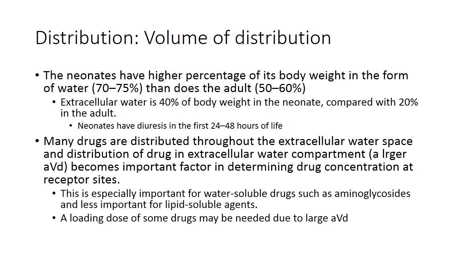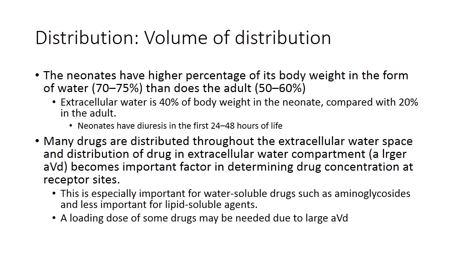Distribution of the drug, particularly volume of distribution: if we look at this, we will find that neonates have a higher percentage of body weight in the form of water than does the adult. Extracellular water is 40% of the body weight in neonates as compared to 20% in adults. Therefore, neonates will show diuresis in the first 1 to 2 days of life.